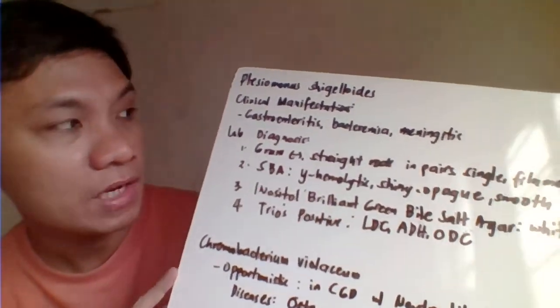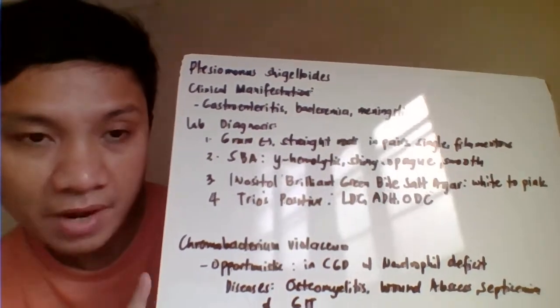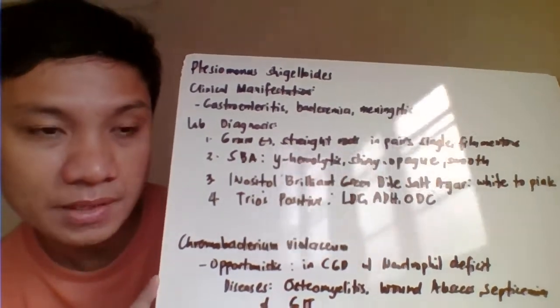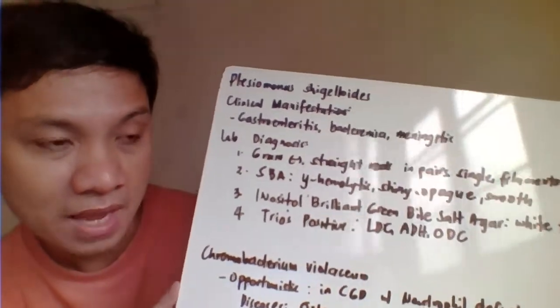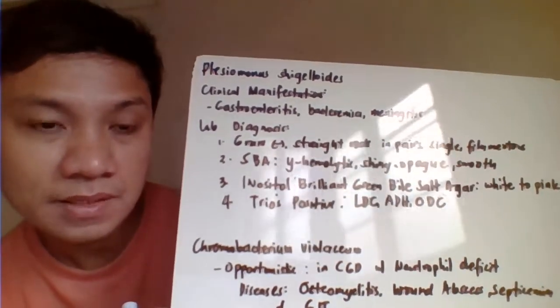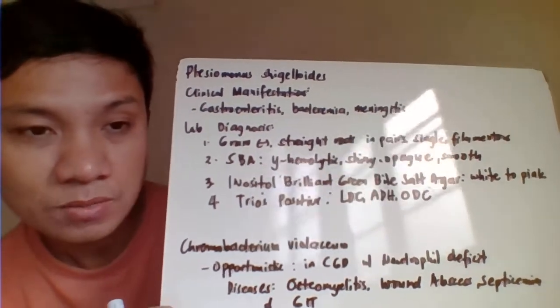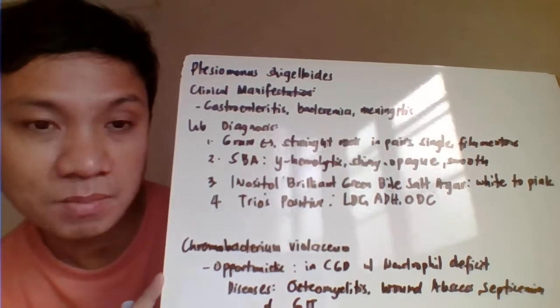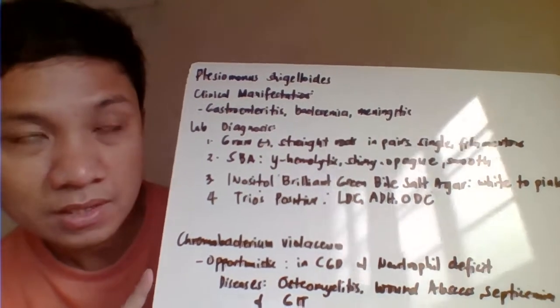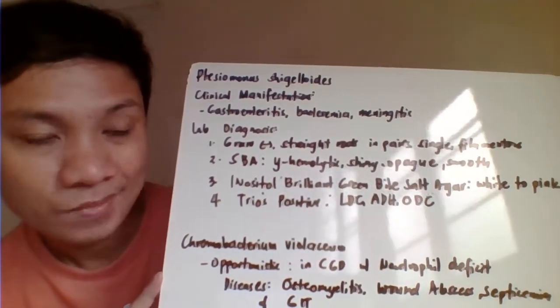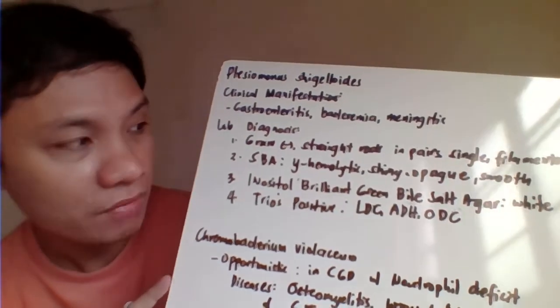Plesiomonas shigelloides tries to cause a variety of infections, including gastroenteritis, bacteremia, and septicemia. For the colony characteristics, in the gram stain it is gram-negative rods, more of straight, similar to Aeromonas.